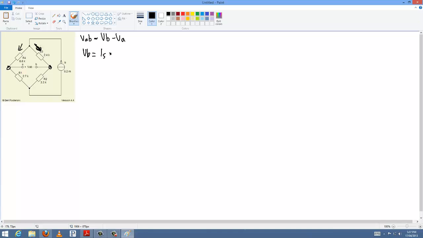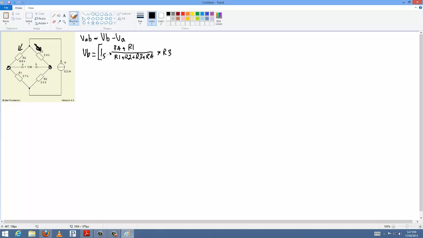Okay, IS times, I'm doing VB, so I'm doing this branch first. This one here: R4 plus R1 all on R1 plus R2 plus R3 plus R4. And obviously we're multiplying that by R3 again.